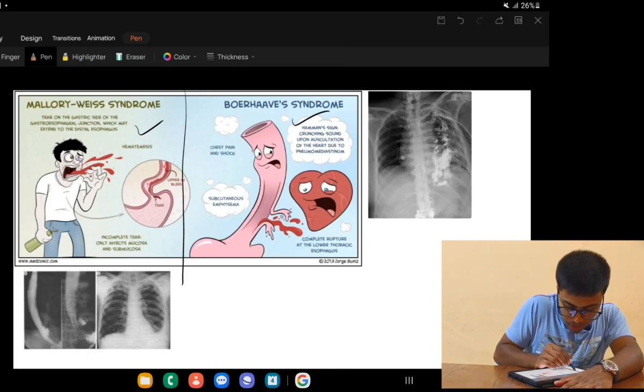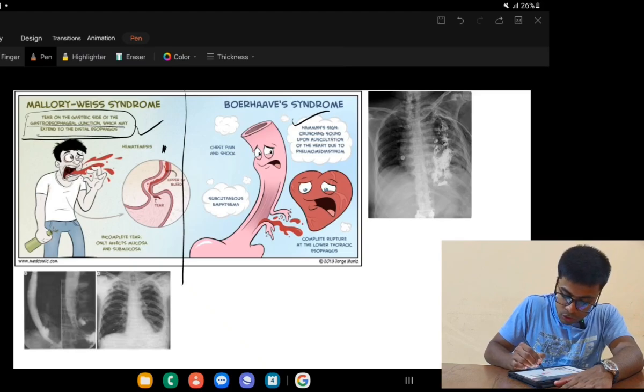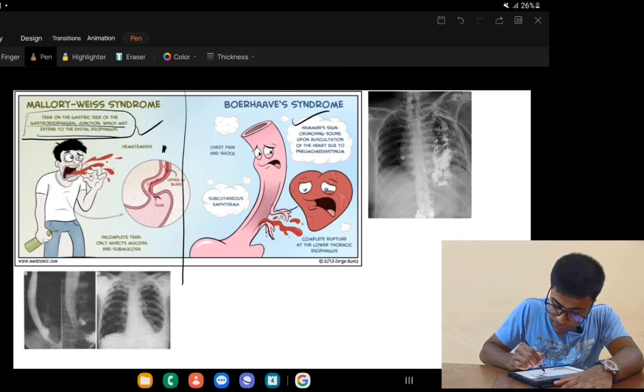In Mallory-Weiss, what happens? There is a tear on the gastric side of the gastroesophageal junction, which may extend to the distal esophagus. It's just a mere tear. But in Boerhaave, it is a complete tear or complete rupture of the lower thoracic esophagus.